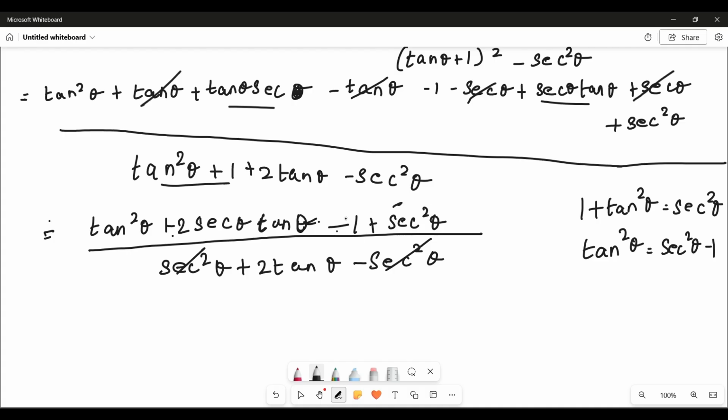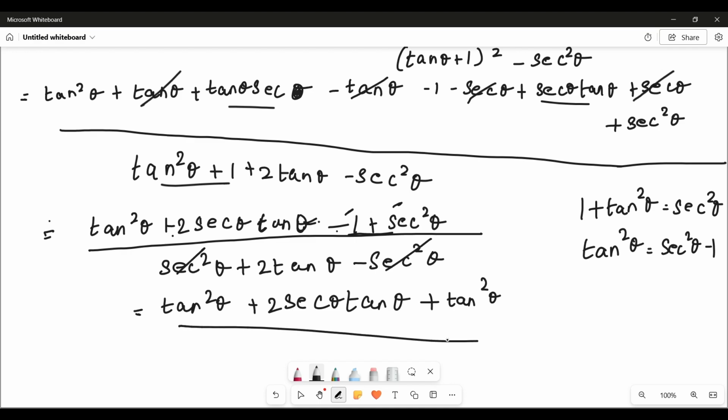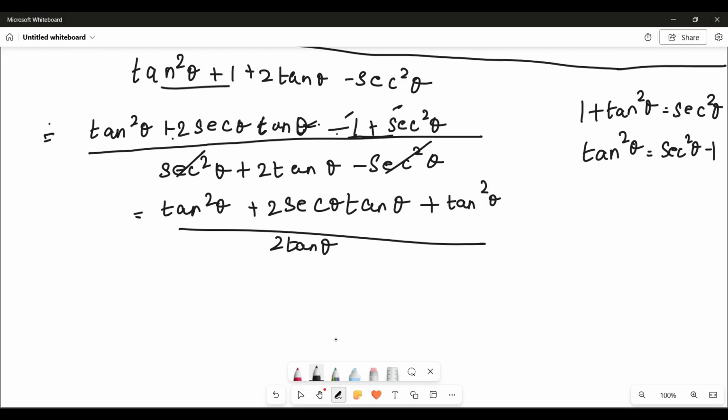So this secant square theta and this minus 1 becomes tan square theta. So tan square theta, and you have 2 secant theta tan theta, and then secant square theta minus 1 becomes tan square theta here, over 2 tan theta. So this is 2 tan square theta plus 2 secant theta tan theta over 2 tan theta.